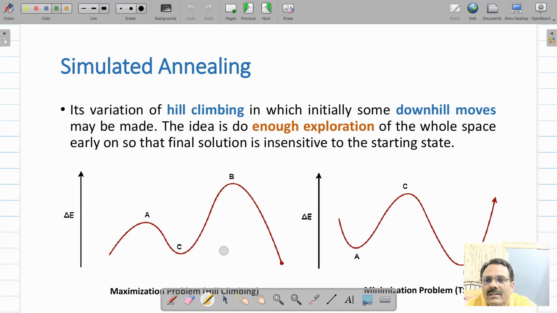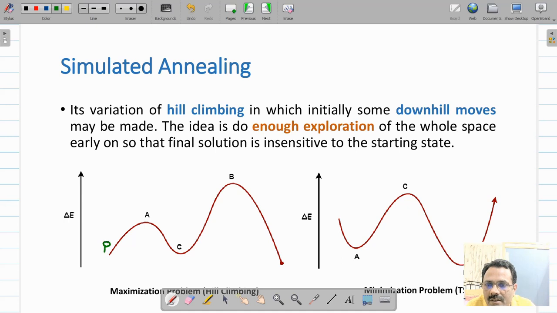Now let us start with the basic idea behind this simulated annealing algorithm. Before this, we have discussed the hill climbing search algorithm. In hill climbing search algorithm, we start with some starting state. For example, if this is your search space and your problem is finding the maximum, then you start at some point.